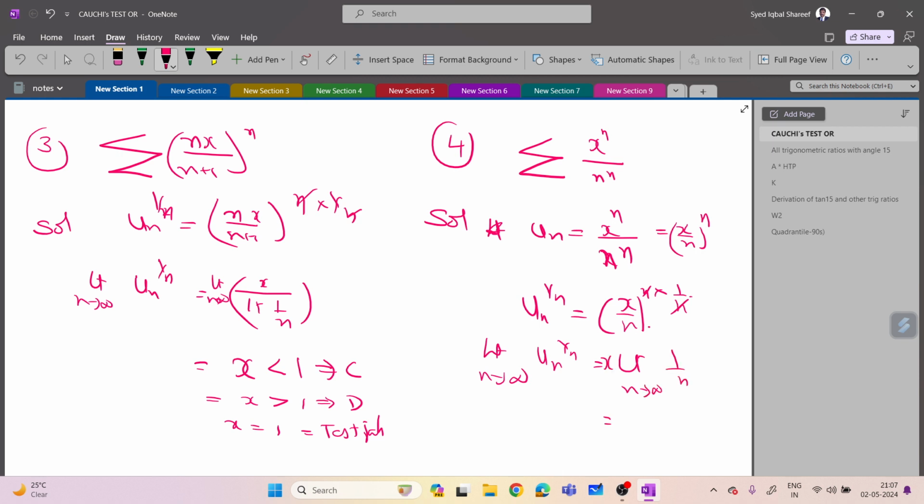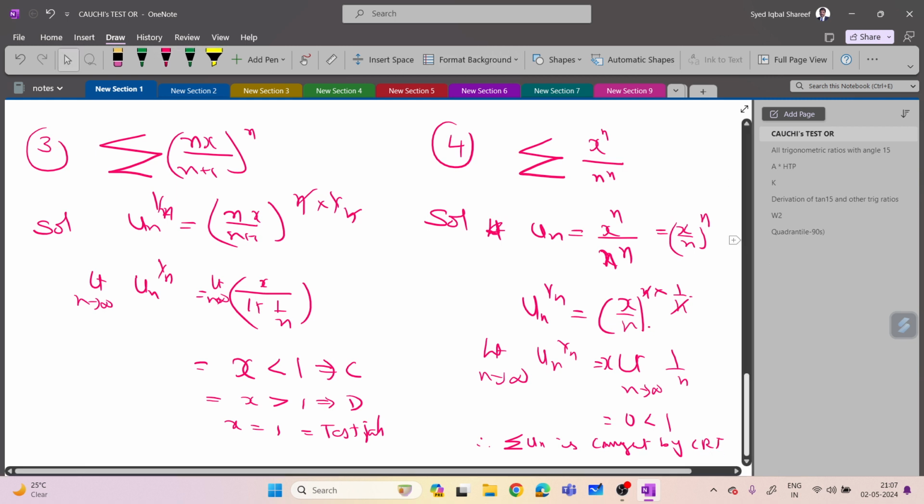As n tends to infinity, 1 by n tends to 0. 0 into any fixed number is 0. And 0 is less than 1. Less than 1 means the summation un is convergent. How can you say convergent? By Cauchy root test.